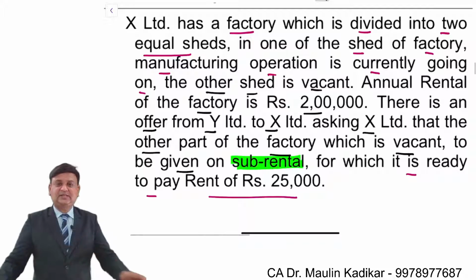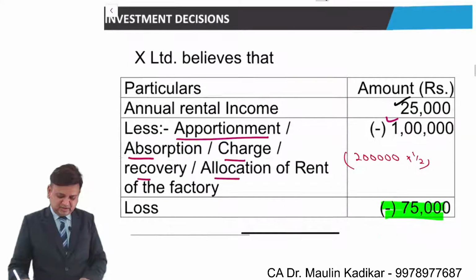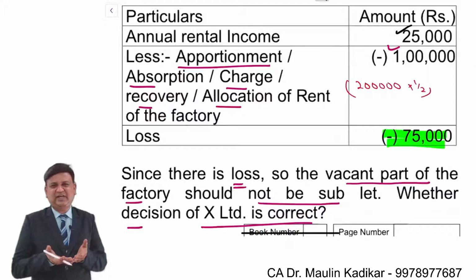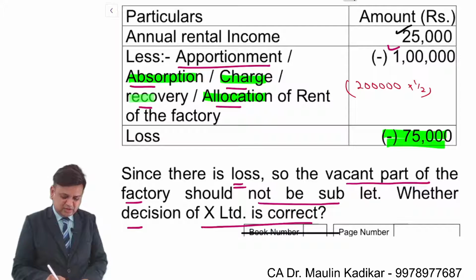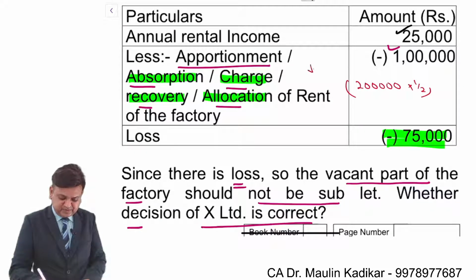I want you to answer in the chat box. Friends, from the information given, we understand that the decision of X Limited is incorrect. Because any allocation, absorption, charge or recovery of expenses is not an incremental expense.